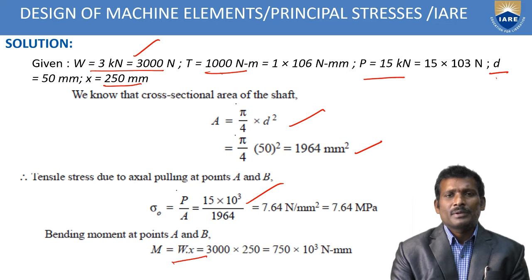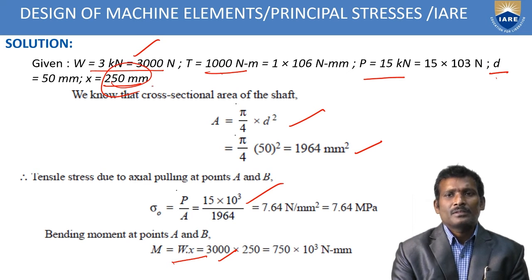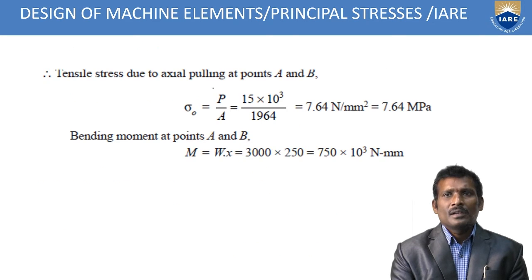The bending load is 3 kilonewtons, convert into newtons, that is 3000, and the length of the shaft is 250 mm. So you will get the bending moment at A and B.